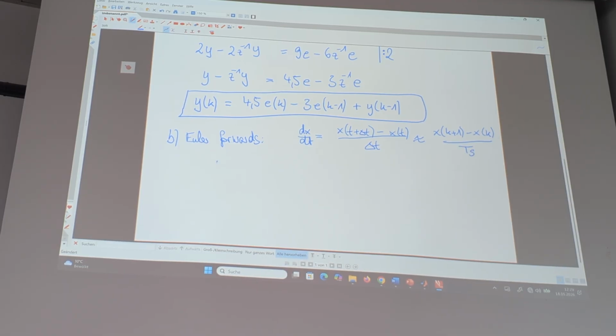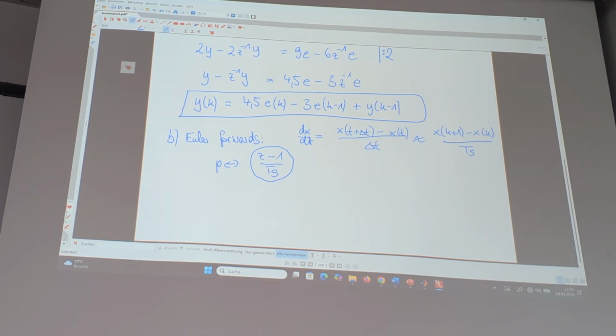And that means that now the new substitution of p is going to be, so xk plus 1, so that's a shift into the future, so a multiplication with z to the power of 1, so I get z minus 1 over ts. And this is your new substitution.